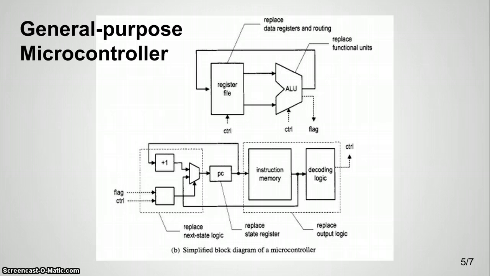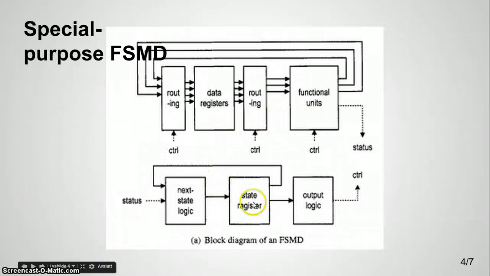The function units are replaced by an arithmetic and logic unit, an ALU, which can only perform a set of predefined functions. This data path can now perform real-time functions for us.